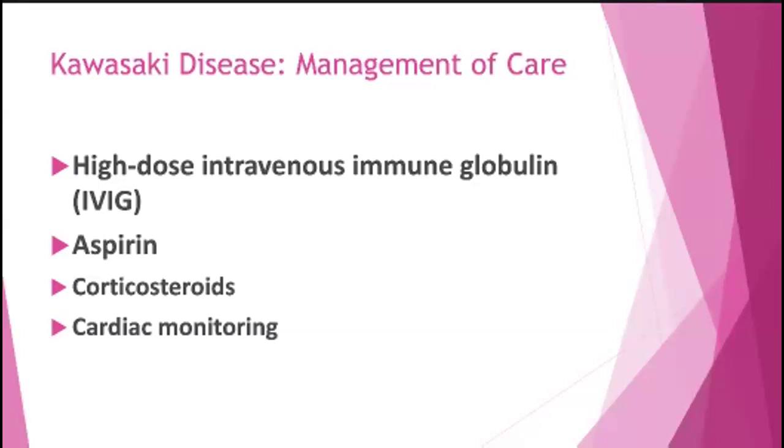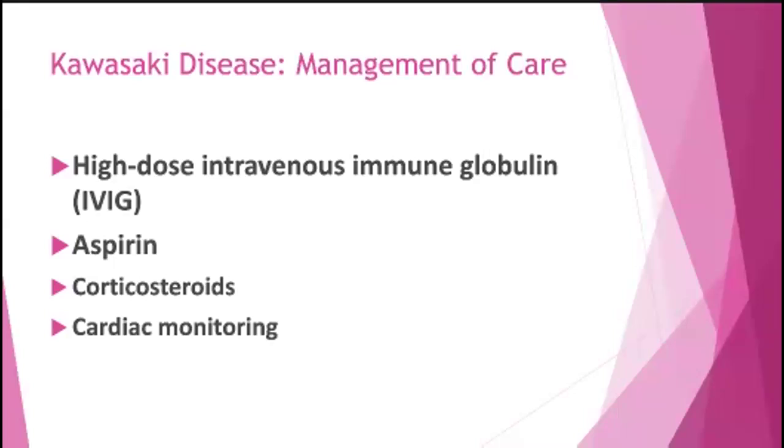Family support. Kawasaki's disease is frightening for families. Emphasize that early treatment dramatically lowers complications. We want to provide teaching on medication schedule and importance of follow-up, signs of cardiac complications, and when to seek emergency medical care, such as severe chest pain, fainting, or difficulty breathing.